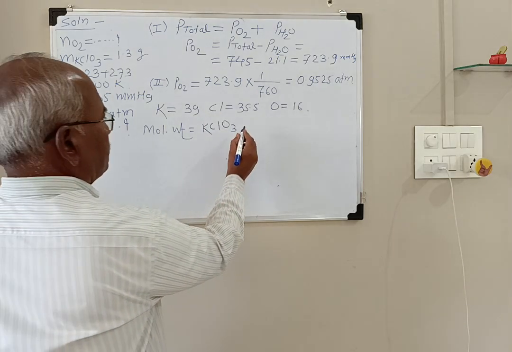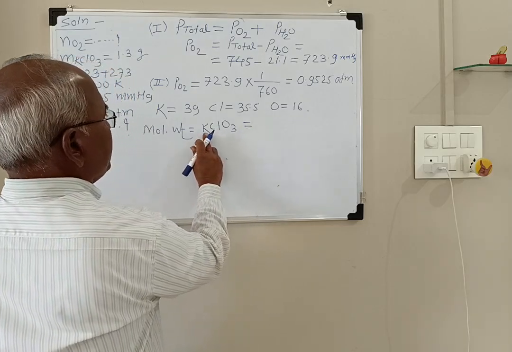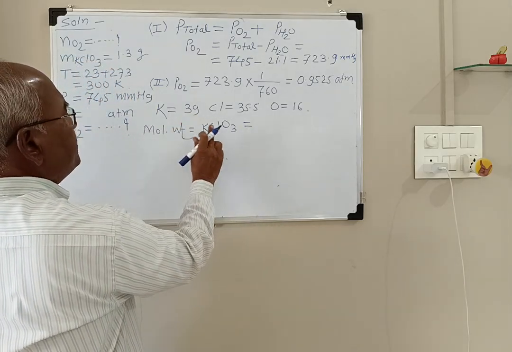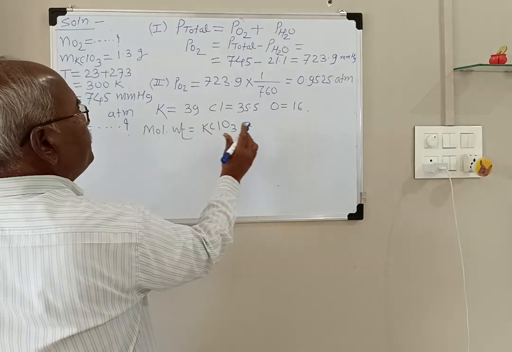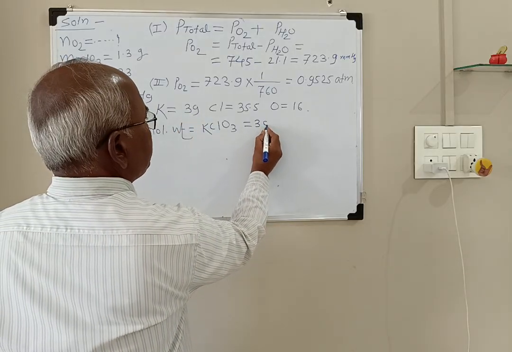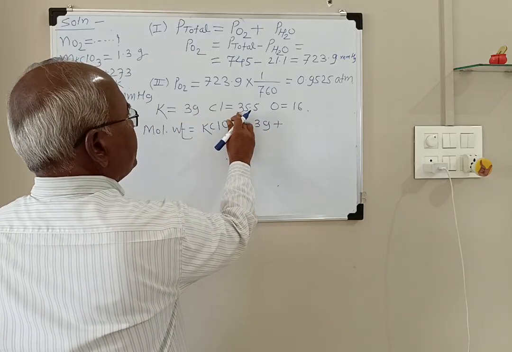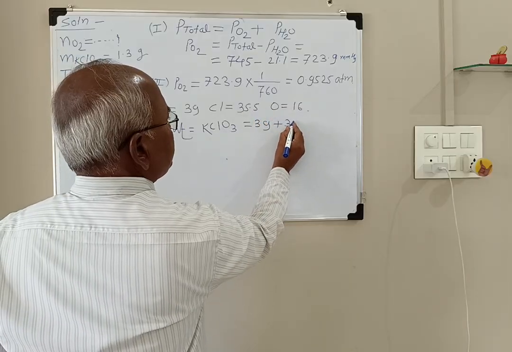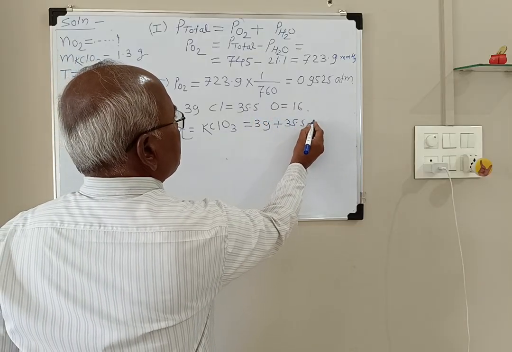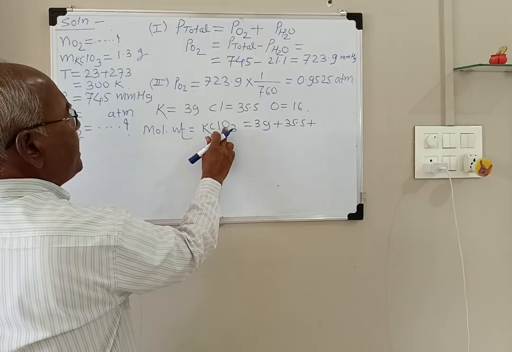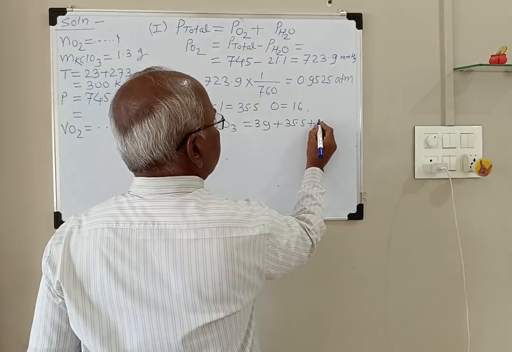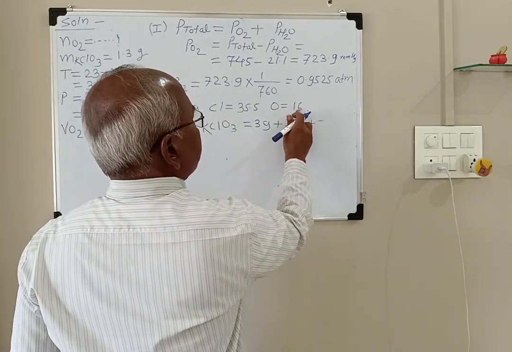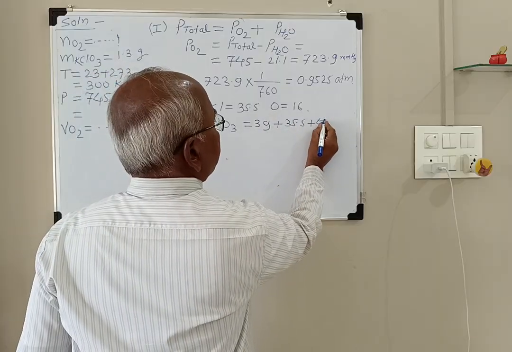In potassium chlorate, one atom of potassium, therefore I write 39, one atom of chlorine 35.5, plus 3 atoms of oxygen, 16 into 3, 48.